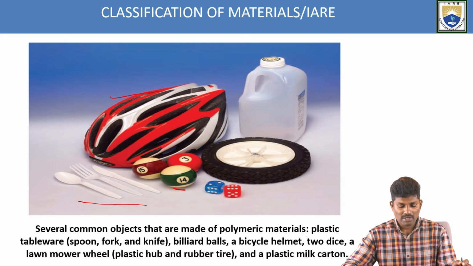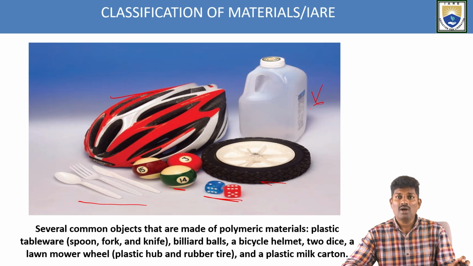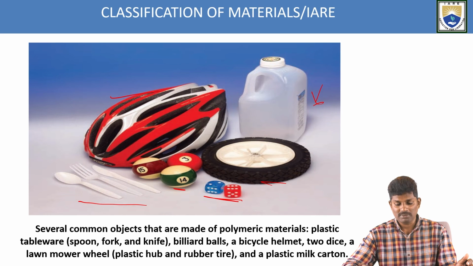The dice we use to play, the lawn mower wheel, and the plastic milk carton are also made up of polymers. All these are commonly used in our day-to-day life.